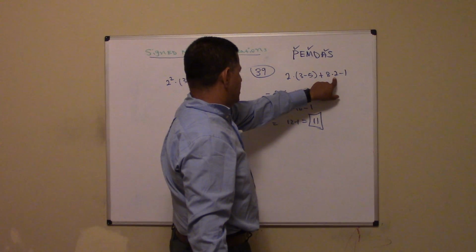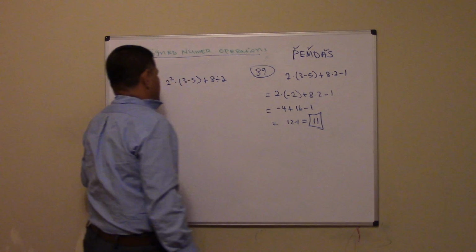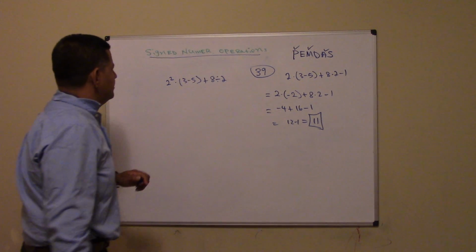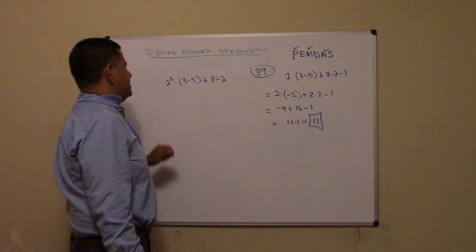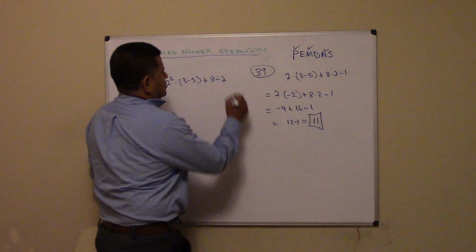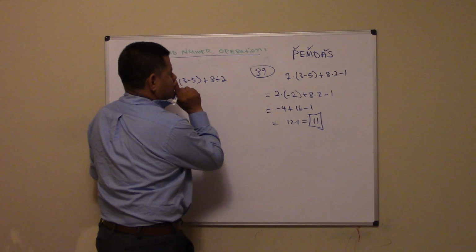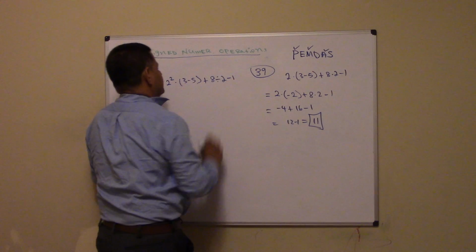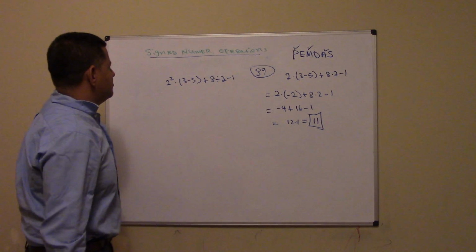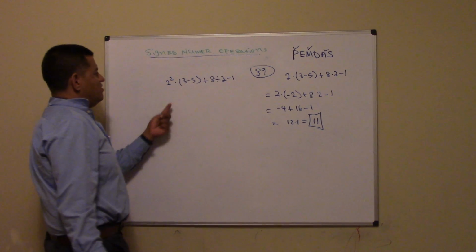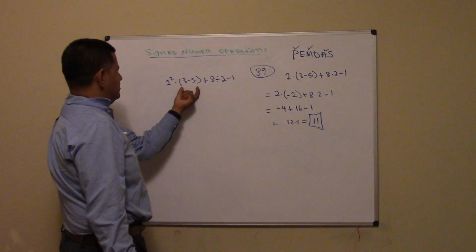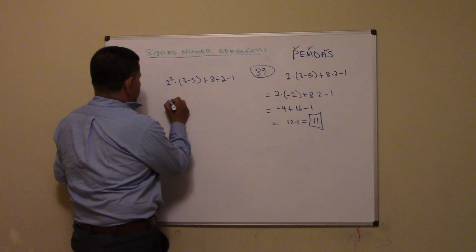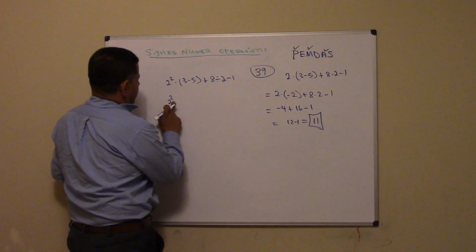Okay, and yeah, just like that, right? So basically, actually, you know what? Let me just minus that one. Okay, so let's do this problem. Now I gotta do the parentheses first again. So what I'm gonna do is I want to go ahead and do 2 squared, stay like that, right?